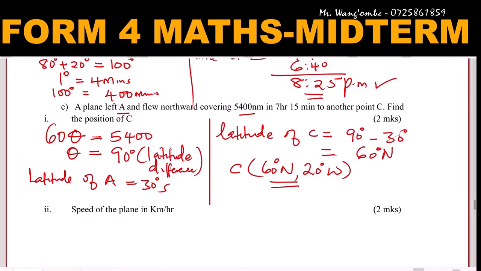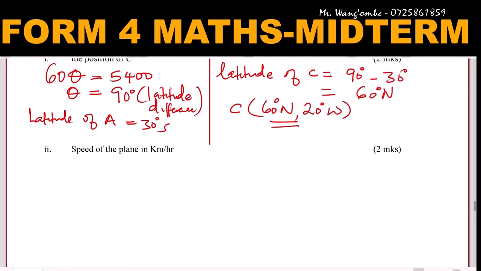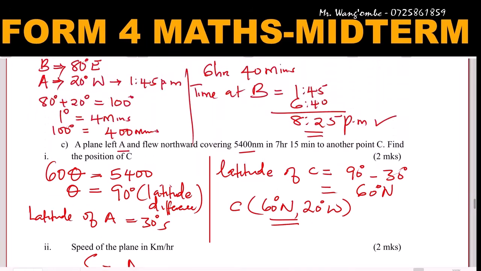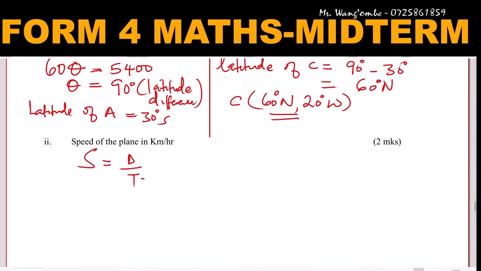Then we go to part 2, the speed of the plane in kilometers per hour. So how do we get the speed in kilometers per hour? Of course, the speed is obtained by getting the distance over time taken. The time is given as 7 hours 15 minutes.